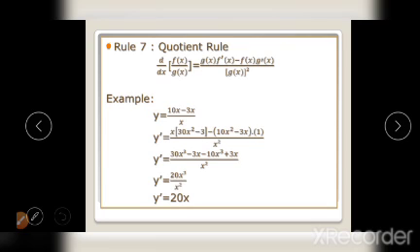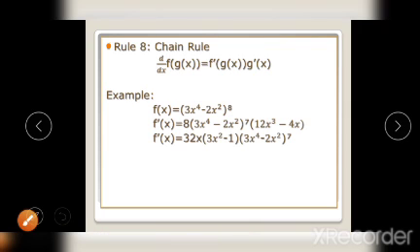So let's distribute. So we have y prime equals 30x cubed minus 3x minus 10x cubed plus 3x all over x squared. So let's simplify. We have y prime equals 20x cubed over x squared. So the final answer is y prime equals 20x.